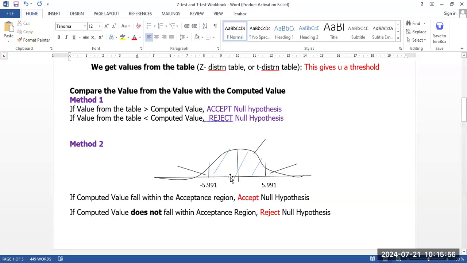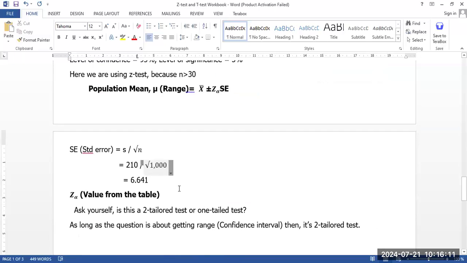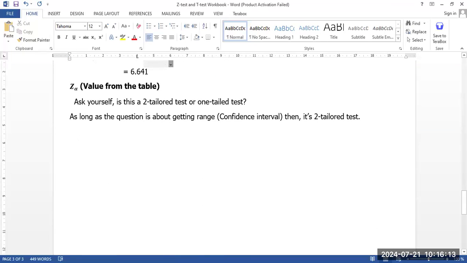It is to create a line on the left and another line on the right, to create 2 critical values. That is the reason we want to divide this 5% level of significance by 2, because we are dealing with a two-tailed test.